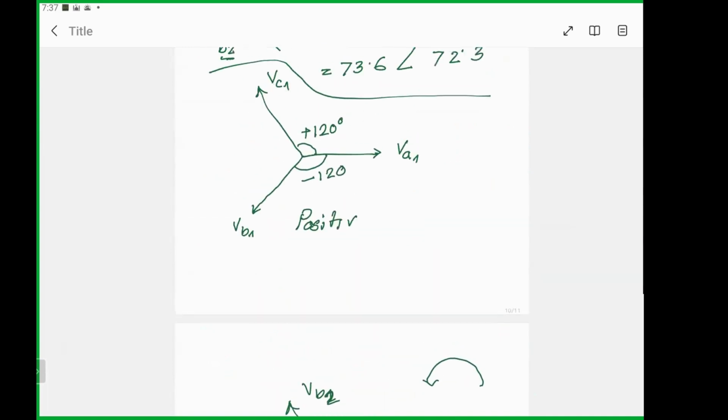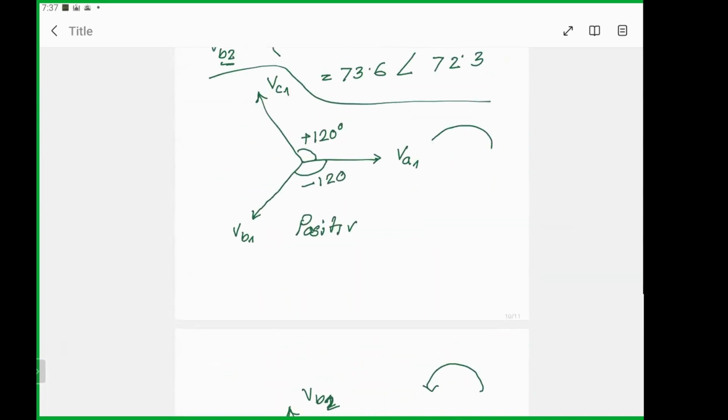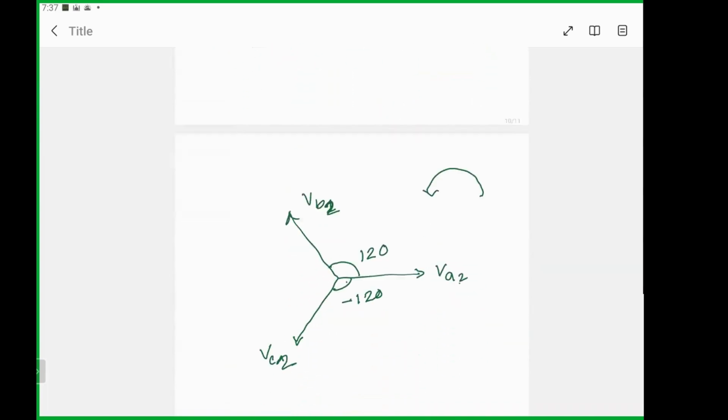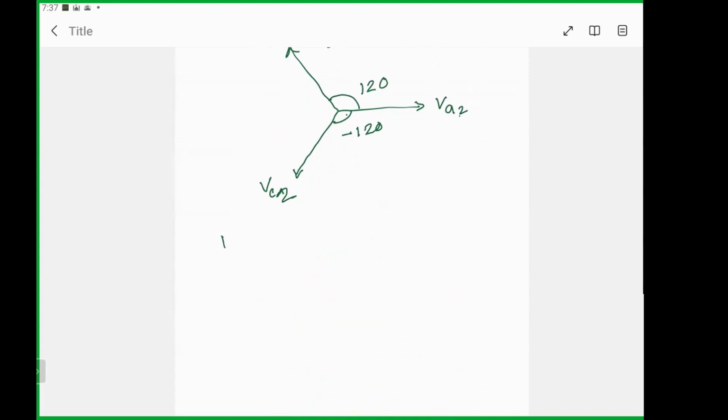In the positive sequence, I go in the other direction to find A1, B1, and C1. So only I need to know this. Similarly, I can find C2, which is equal to A2 multiplied by the angle, negative 120, so minus 120.